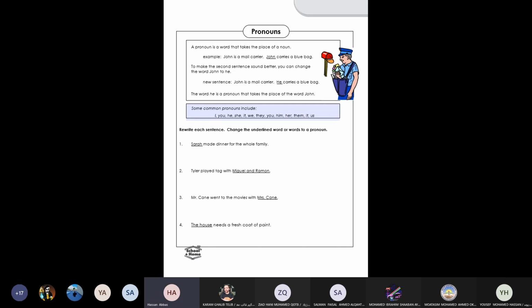So here we have different examples just to do it together and to know how to practice solving the sentences with nouns, where we want to replace them with pronouns.